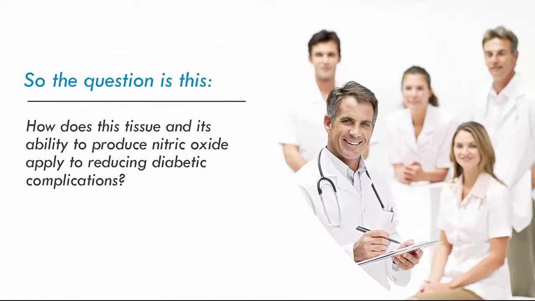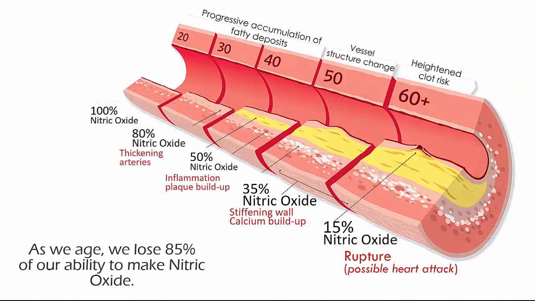So the question is this: how does this tissue and its ability to produce nitric oxide apply to reducing diabetic complications? As the image on the screen clearly shows, high blood sugar causes oxidative stress to your endothelial cells. This creates inflammation, which typically results in plaque formations that grow larger over time.